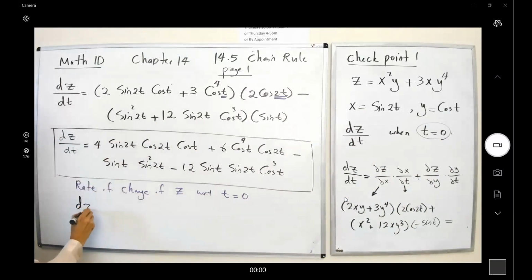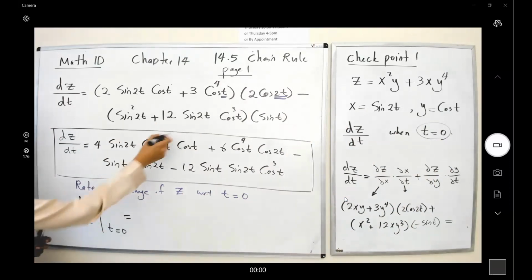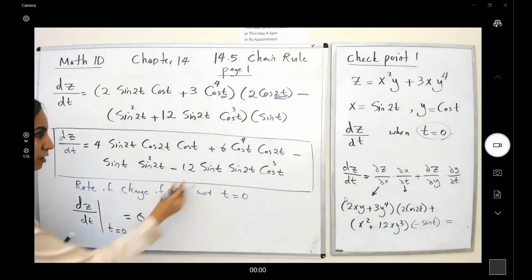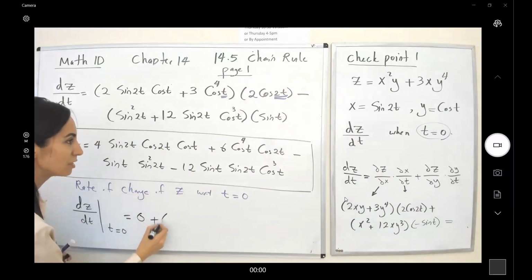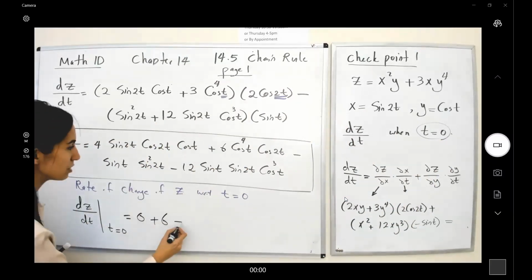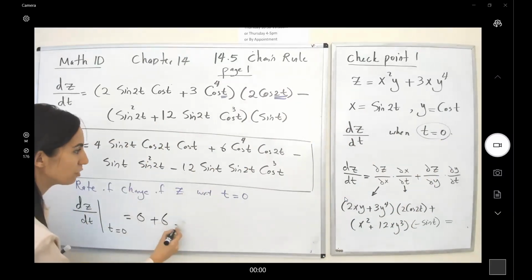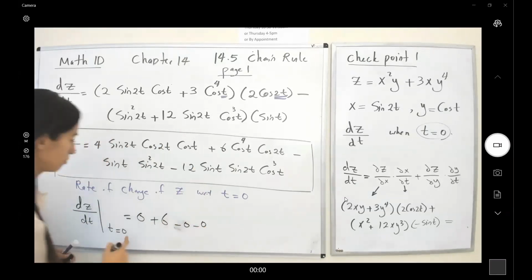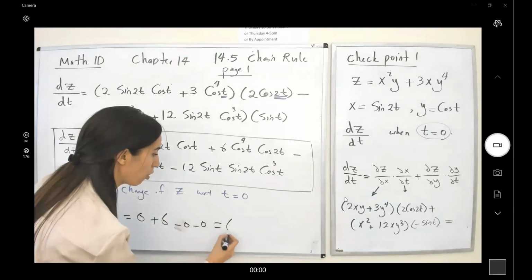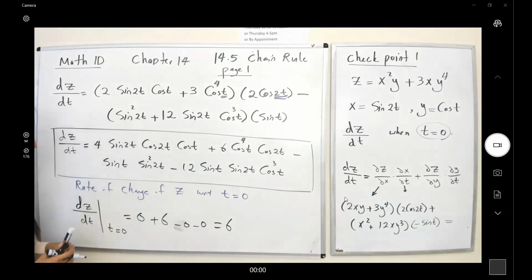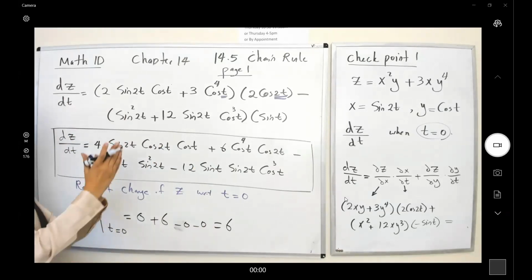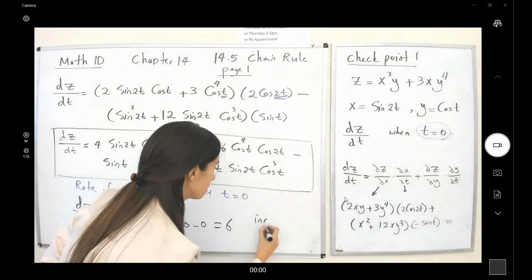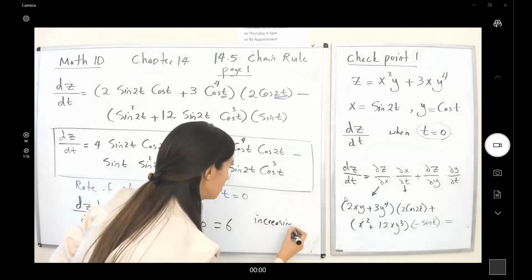The rate of change of z with respect to t when t is equal to 0 is equal to, so this guy is going to be 0, this is going to be 6, this is going to be 0, so minus 0 and another 0. So the rate of change is positive. It means that it's going to be an increasing function.